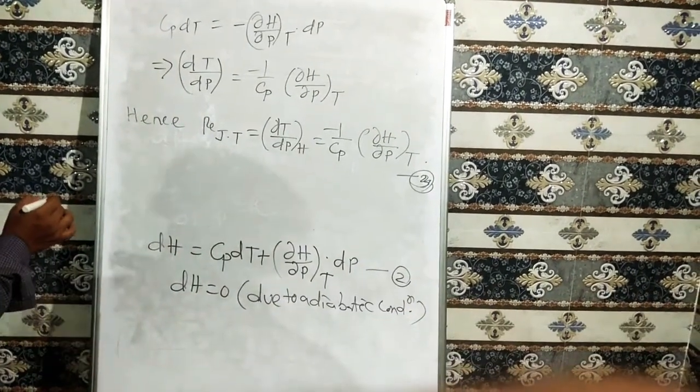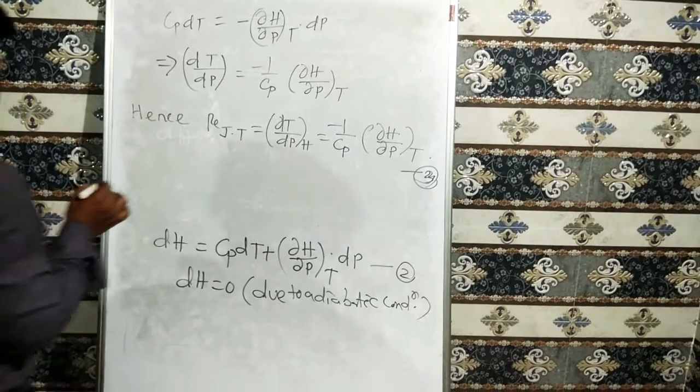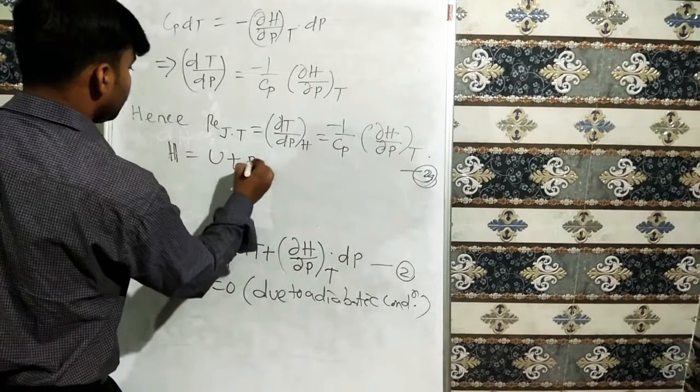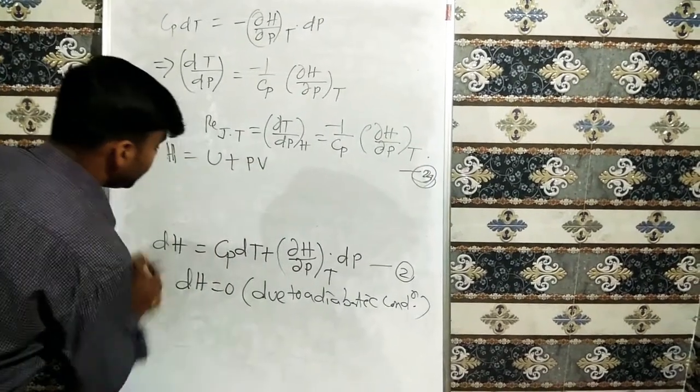But we know enthalpy H is equal to U plus PV. Okay, U is the internal energy.